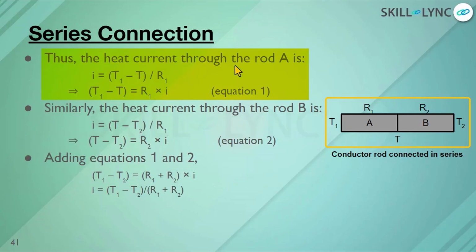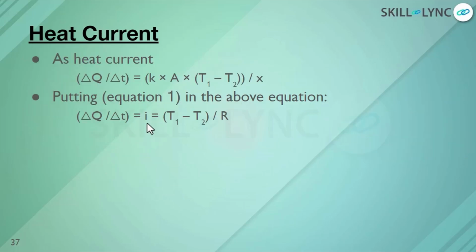Thus, heat current through the rod A is I equal to T1 minus T upon R1. How has this equation come? We have studied the formula in the previous slides: I equal to T1 minus T2 upon R, where T1 and T2 are the temperatures at the ends and R is the thermal resistance of the material.